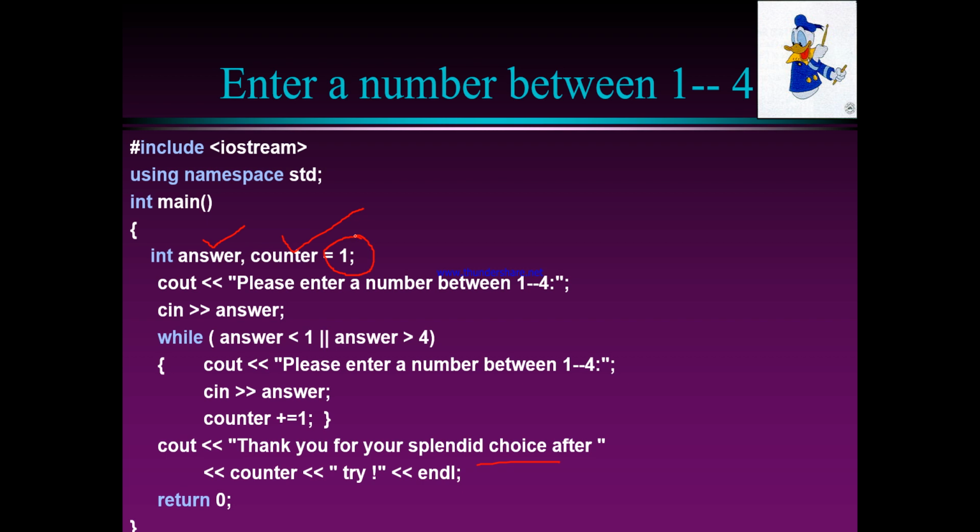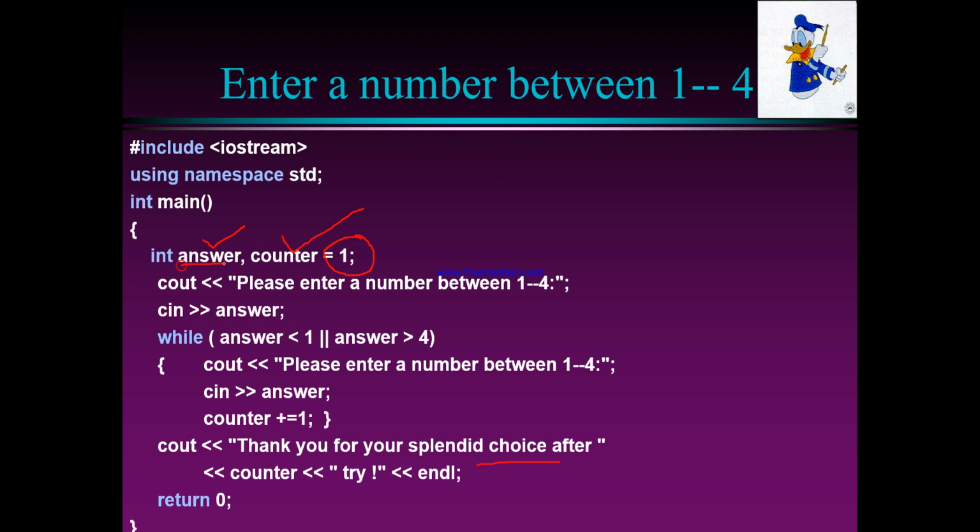So we will count all those values, and we will consider these as tries: first try, second try, third try, and this is the count of counter. We will count these tries one by one, and we'll see in how many tries our user will give a correct input to our program.